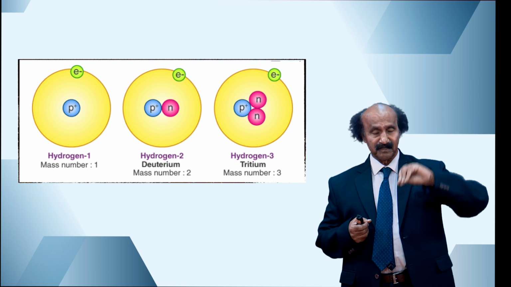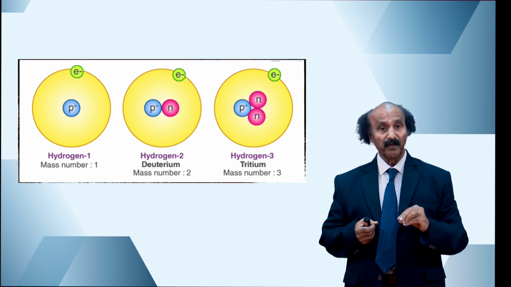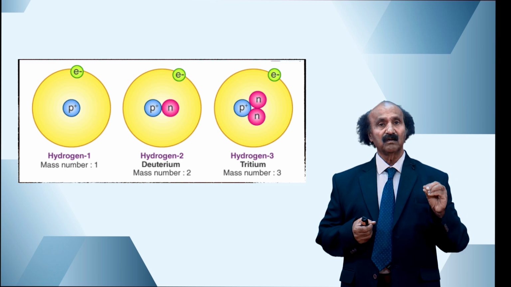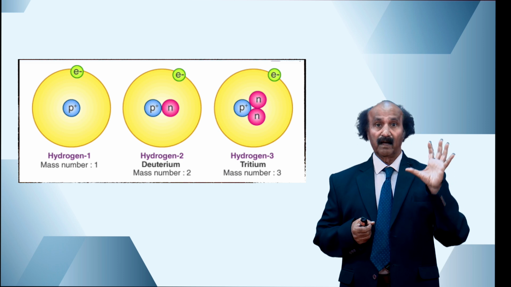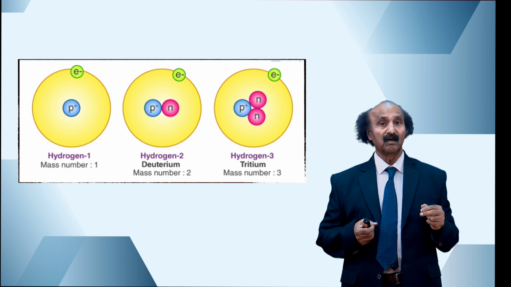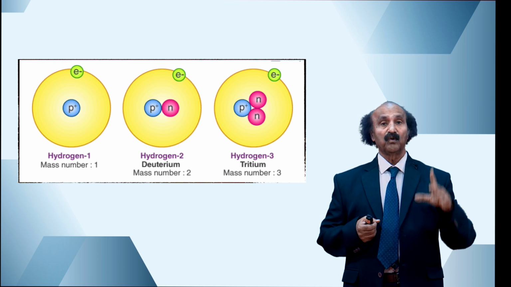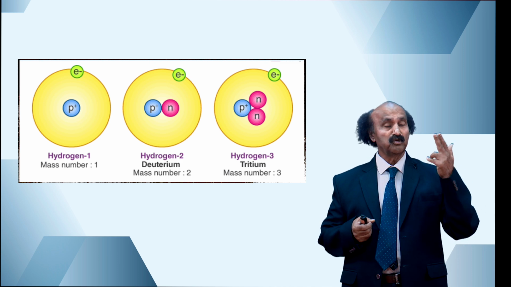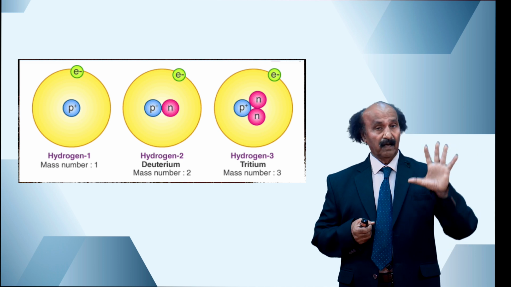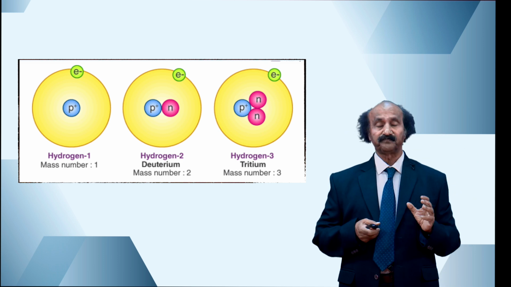In some hydrogen, which is called an isotope, you will have a proton and a neutron. This is called the deuteron. Not only that, there is another type of isotope which is called triton, where you have one proton and two neutrons, which is very rare. Now, all of them are possible.